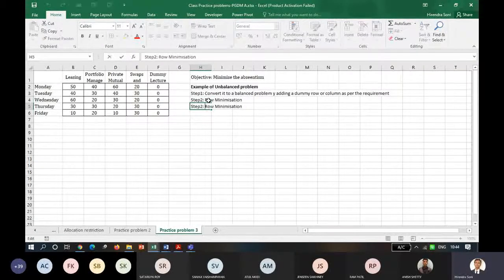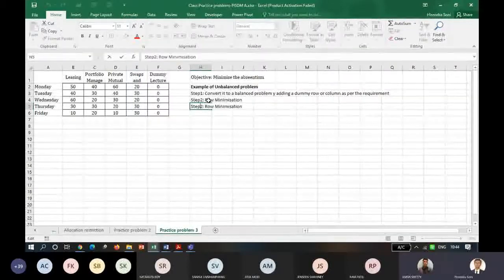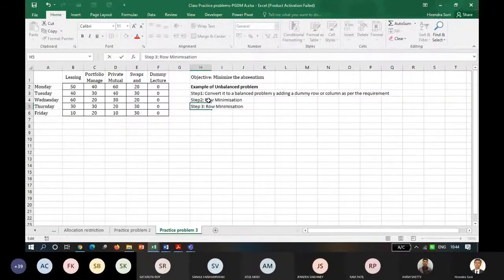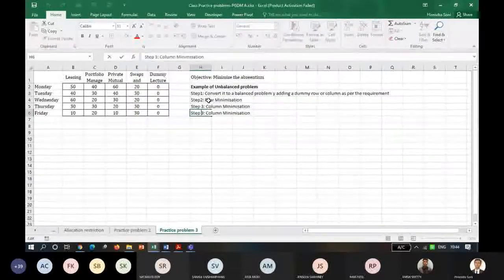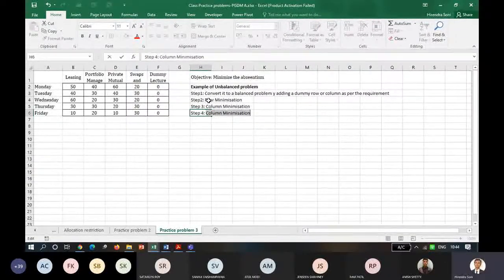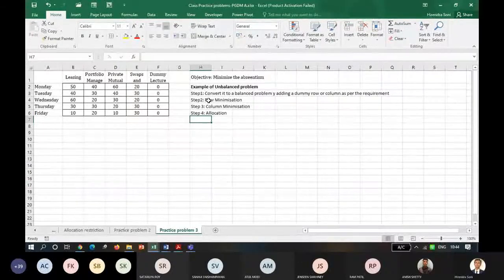Step 3, column minimization, and then step 4, allocation. Will you guys take a while and do it? 5 minutes should be enough to finish.